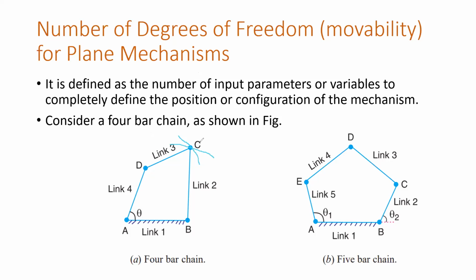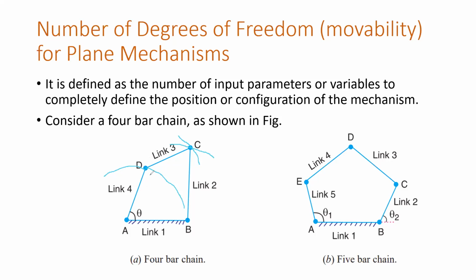For example, take the point D. Its path is circular with radius equal to AD, like this. So this circular path has distance in x direction as well as in y direction, meaning in one plane. But D is not moving in z direction.